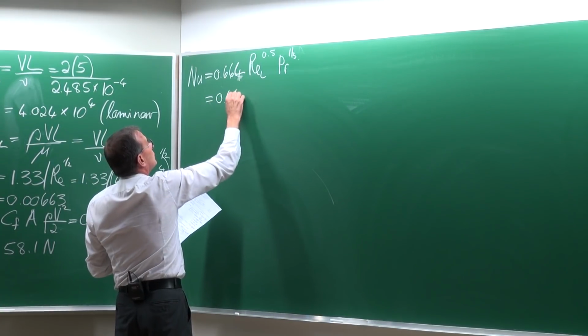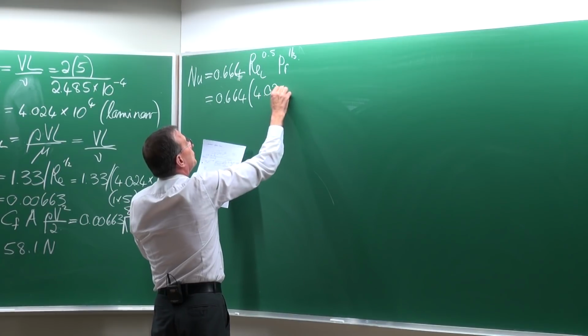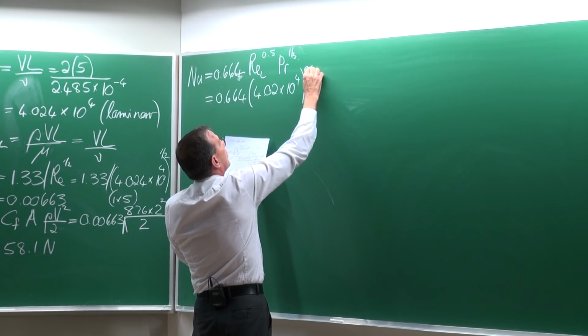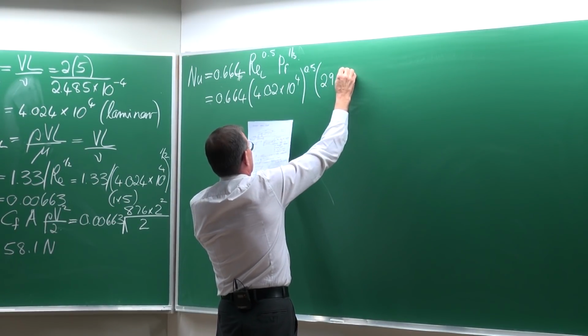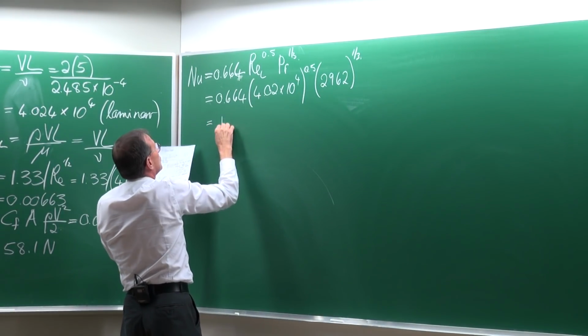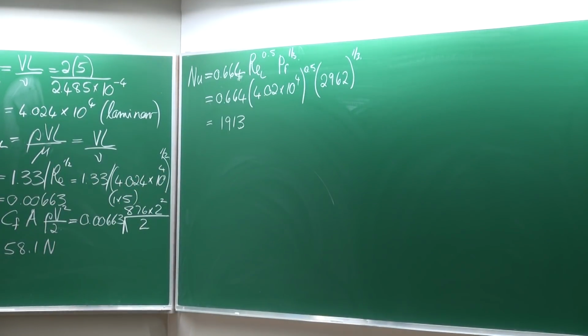Equal to 0.664, the Reynolds number 4.02 multiplied by 10 to the fourth, to the 0.5, Prandtl is 2962 to the third, is equal to 1913. Nusselt number of 1913.